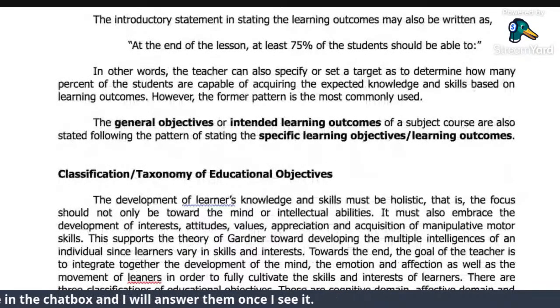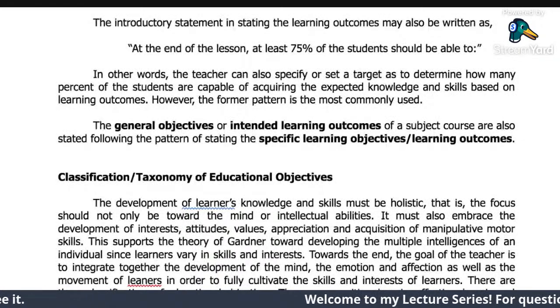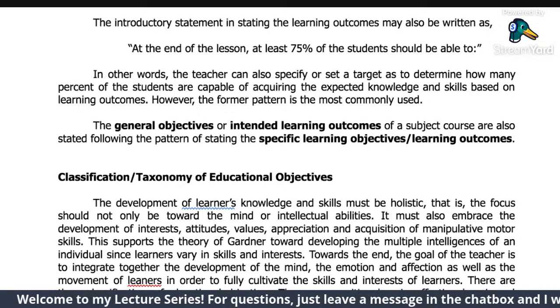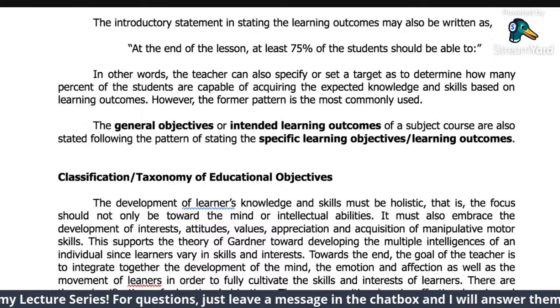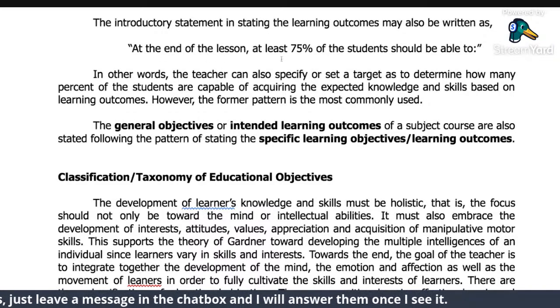So in some lesson plans or modules, they quantify how many percent of the students they want to achieve the objectives. So this is an example. At the end of the lesson, at least 75% of the students should be able to.